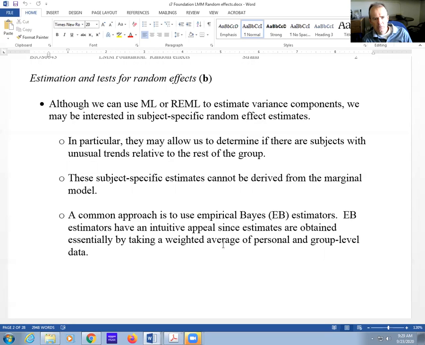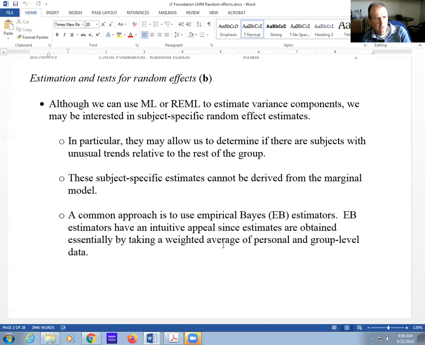When we estimate them, we're using the marginal model, the distribution of y, and we form our likelihood. We can estimate the fixed effects, the beta coefficients, and the covariance parameters. We estimate those with maximum likelihood estimation, or REML. But we have random effects in the model as well.